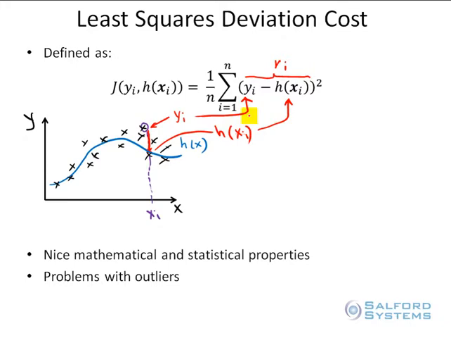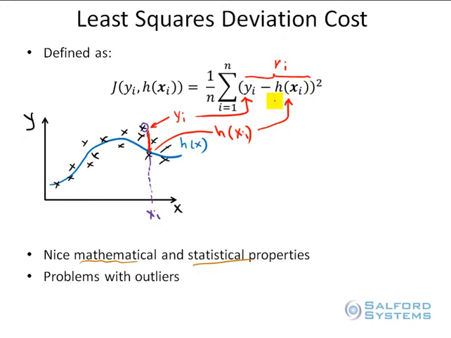Now, why least squares deviation? It turns out that it has some nice mathematical and statistical properties. The mathematical property is that you have a sum of squared deviations. Sum of squares is a nice function. It gives you nice derivatives.